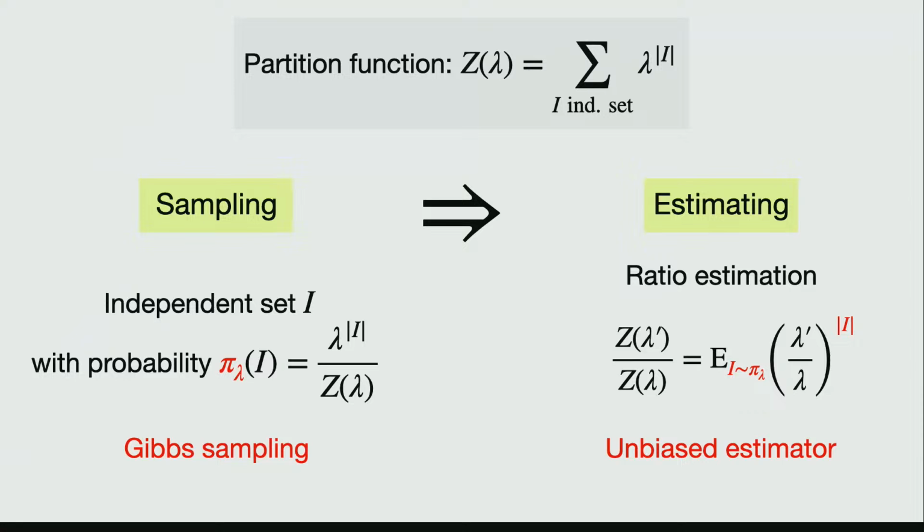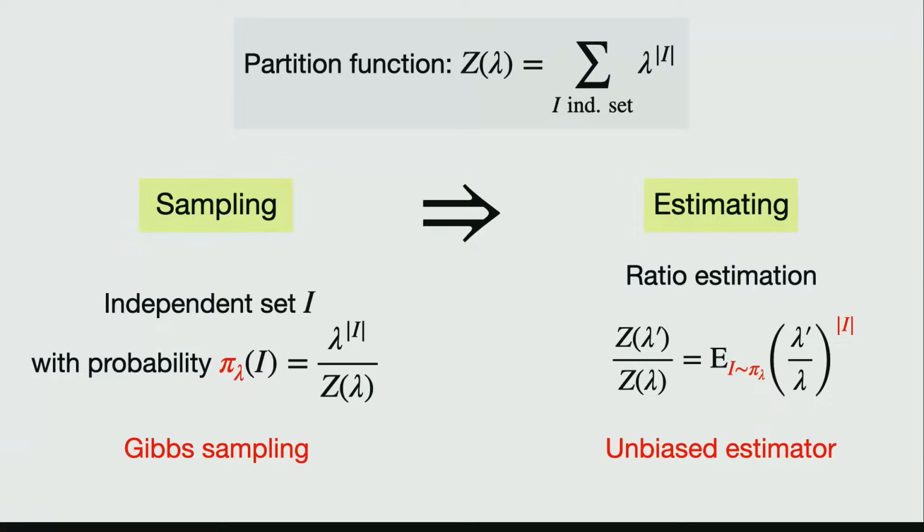If you take the expectation under the Gibbs distribution at value lambda, and you evaluate the following quantity, which is lambda prime over lambda to the power of the size of the set you just sampled, then in expectation, you will indeed recover the value of the ratio. So it's not yet the partition function itself, it's a ratio, but it's quite close to what we want to do. And this estimator is unbiased, meaning if you take many samples, you may hope to converge to the true estimate.